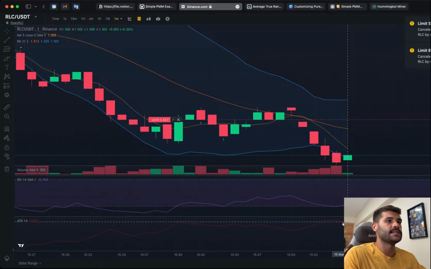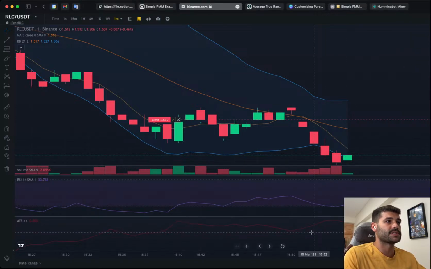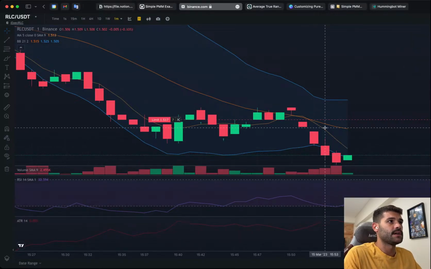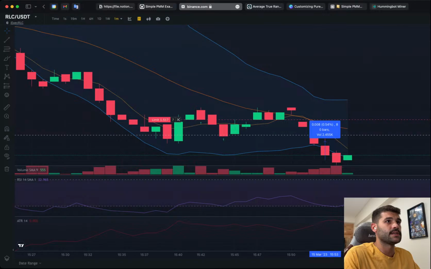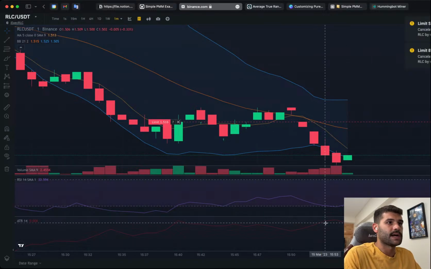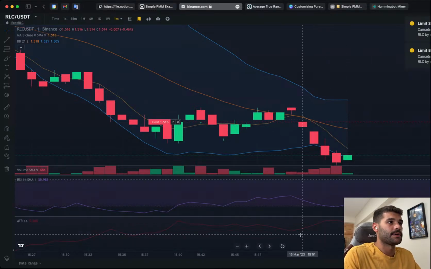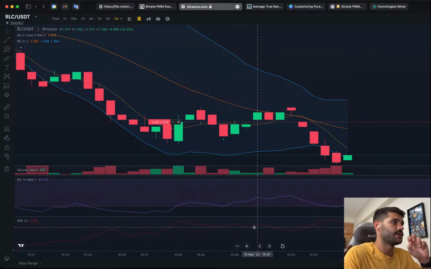As you can see, the ATR is measured in price. This is not a percentage. For example, this is 0.08, and this value is a difference in price.